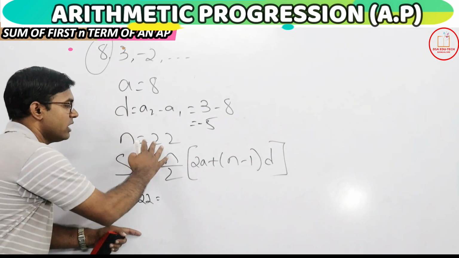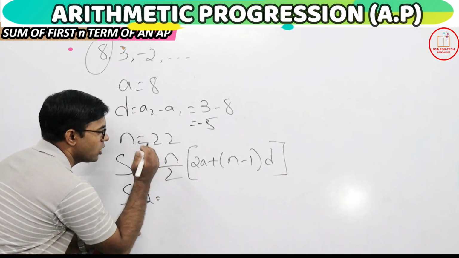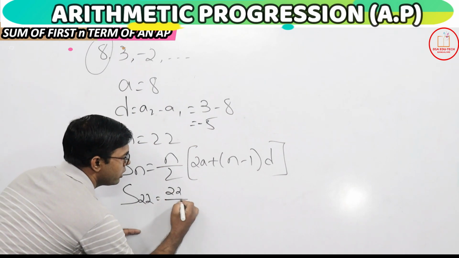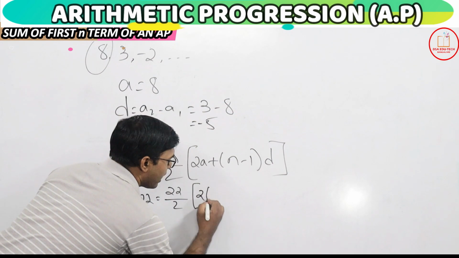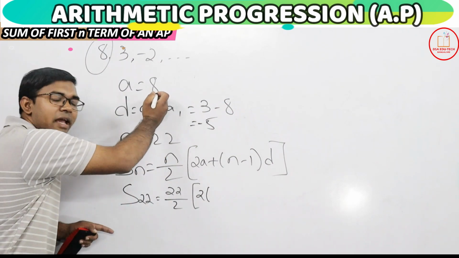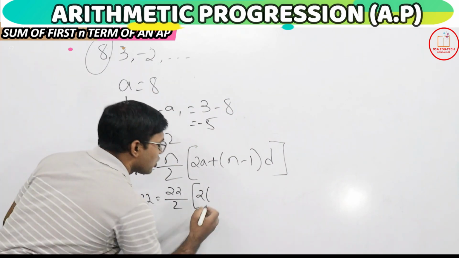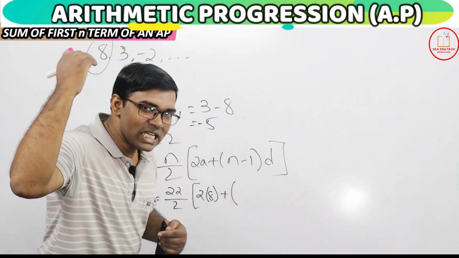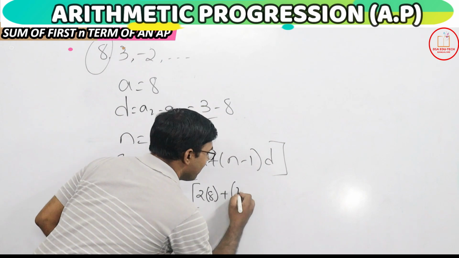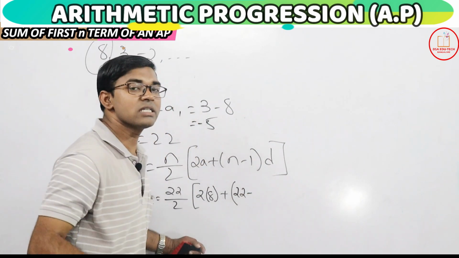Because n value is 22. So n by 2 is 22 divided by 2, and 2a, a value is 8, so I write 2 into 8, plus n minus 1, n is 22, so 22 minus 1.